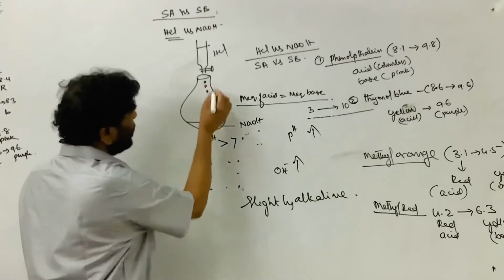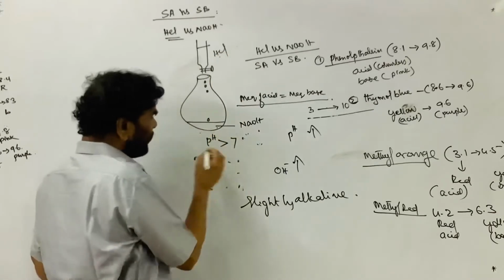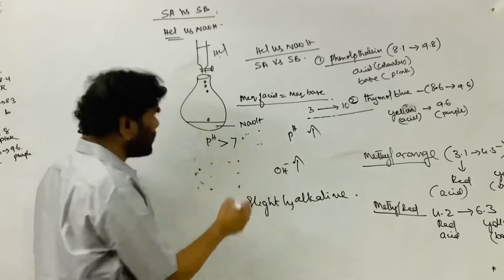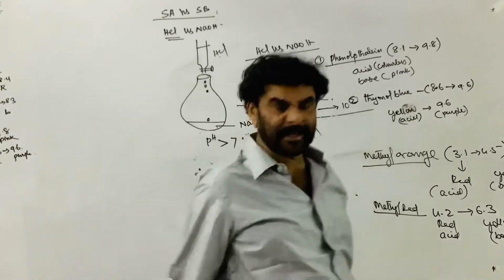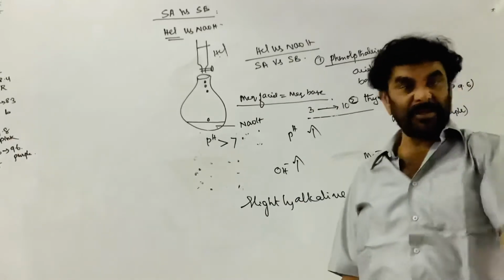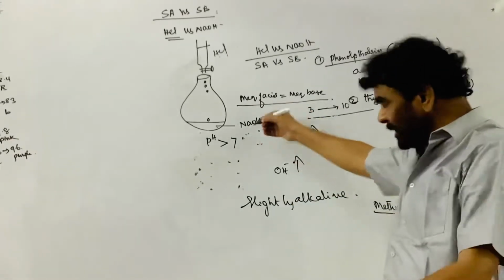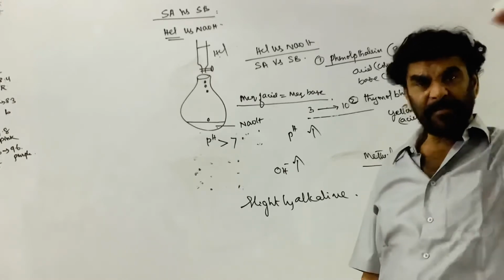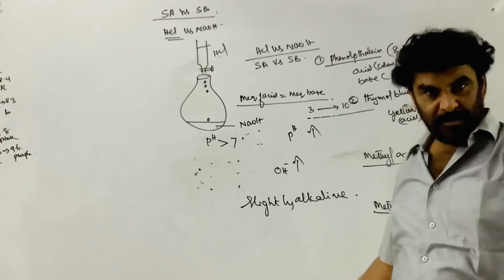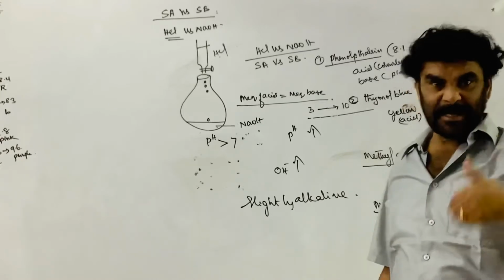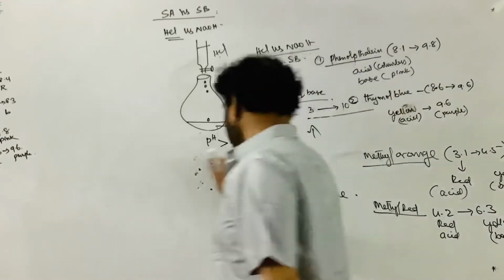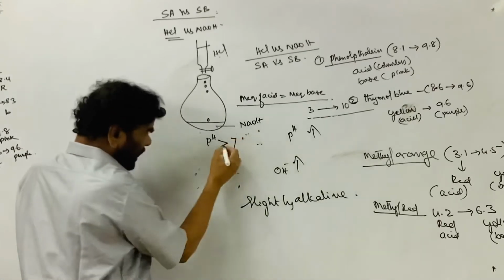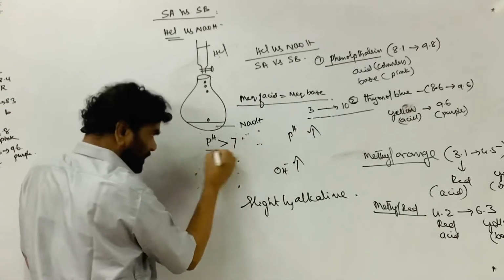Here the HCl is being added. So what happens? The OH ion concentration decreases and the H plus ion concentration increases. So pOH increases, and the pH of the solution decreases.